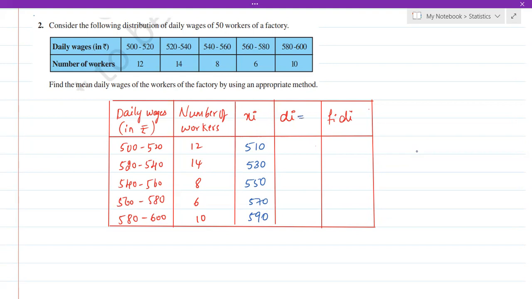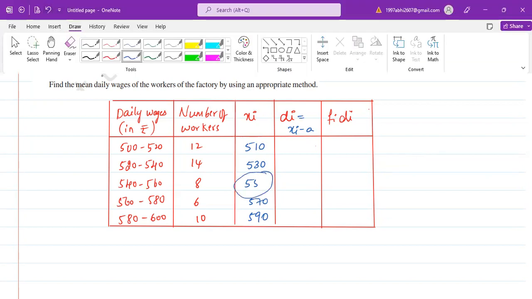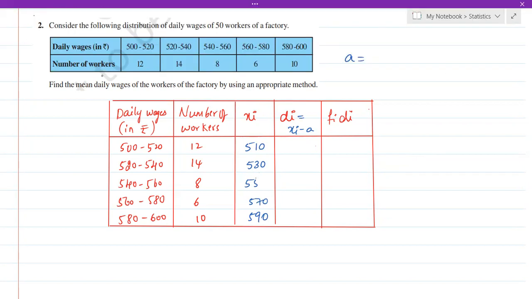Di is given by what formula? It is actually xi minus a, where a is the assumed mean. Here, let's take the assumed mean. In the class mark column, we have got 510, 530, 550, 570, 590. Which is the middle value? 550 is the middle value, right? So the middle value in this column will be 550.